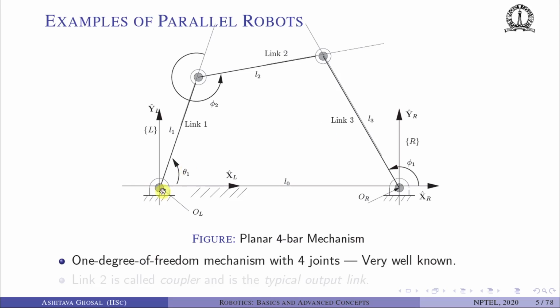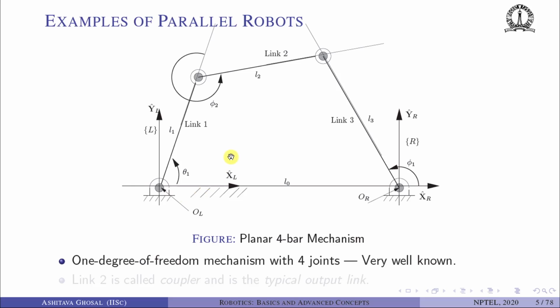So in a 4-bar mechanism, we have a left fixed joint here, which is denoted by OL. Then we have another rotary joint, which is here, which is O2 or second joint. Then we have a third joint and a fourth joint. So this forms a loop. So we start from the fixed end, go to the second joint, go to the third joint, and come back to the fixed base again.